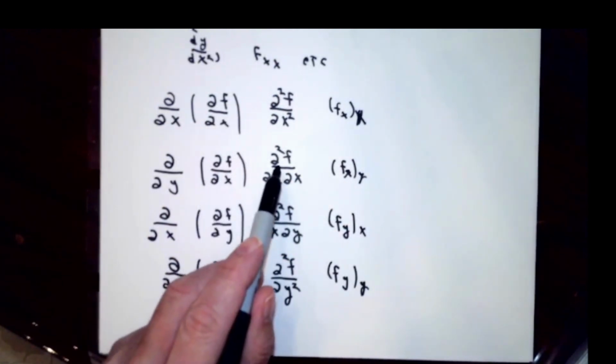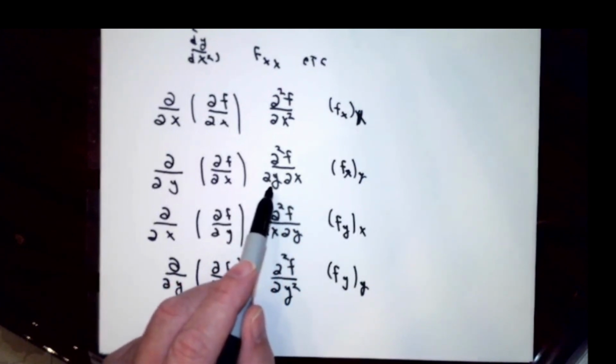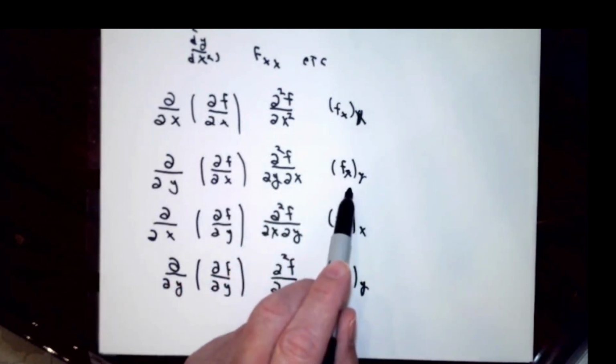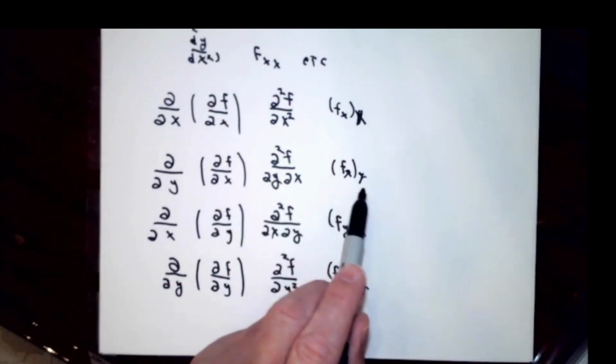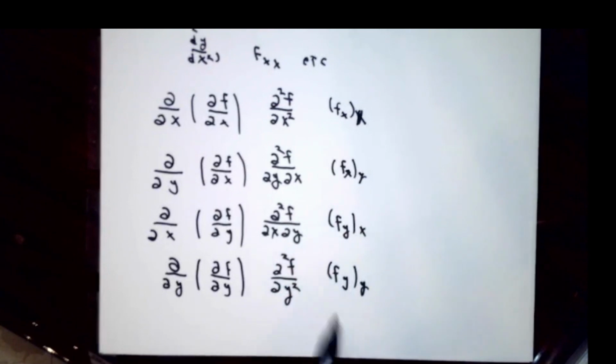Likewise, second partial of f first with respect to x, then with respect to y. You do the derivative with respect to x first, later do with respect to y, and likewise. What people usually do is they leave the parentheses out.